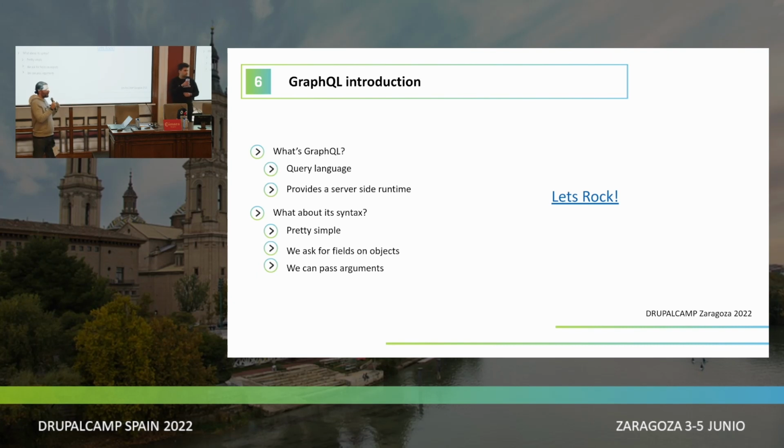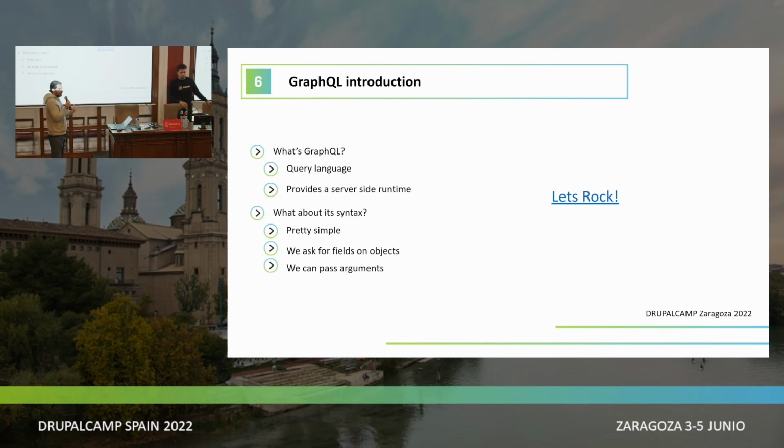And I would like to remark that we can ask only what we need. This is good because we're going to have only what we want to show, avoiding in the front-end side having to pre-process the response. You know, you get the data and you need to filter, skip things you don't want, and then pass all the information to the component. So we can really get just what we want.